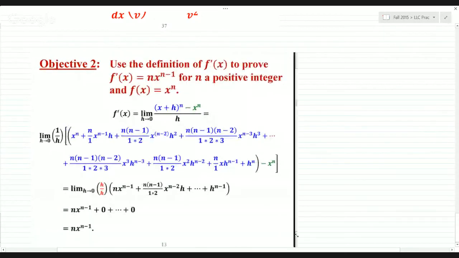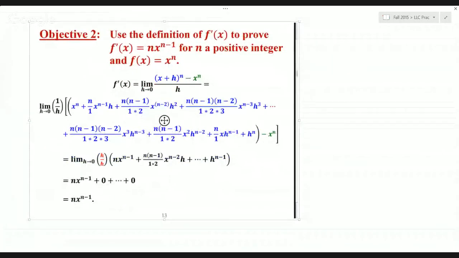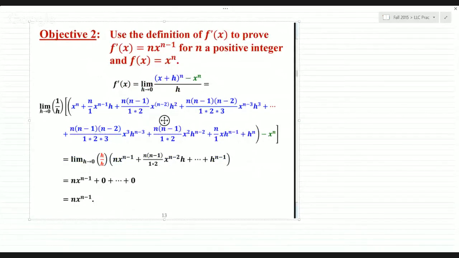With the power rule, it's memorizing what's going on, but it's easier to memorize because there are little patterns that go along with it.